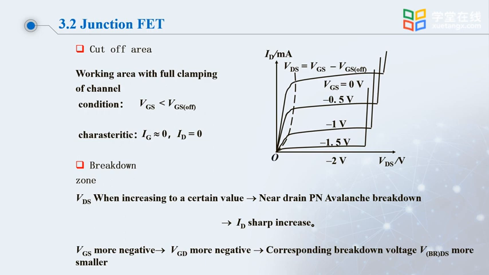Breakdown zone. Look at the saturated area behind this curve. With the increase of VDS, what about the ID current at saturation? It's basically unchanged, or gently, slightly raised. But when VDS is larger than a certain value, suddenly the current ID increases dramatically. What's the reason for this?